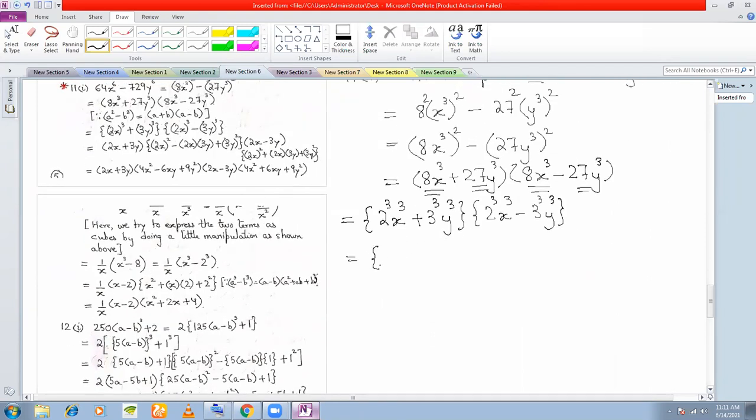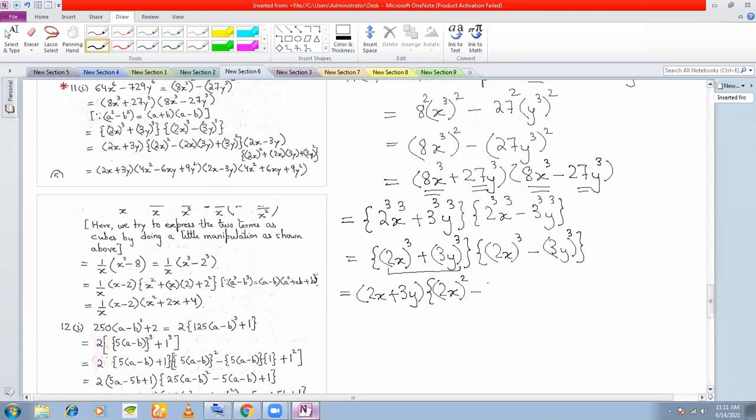So this is 2x whole cube plus 3y whole cube, and this is 2x whole cube minus 3y whole cube. Now this is a cube plus b cube form. First one, we have a plus b into a square minus ab plus b square.